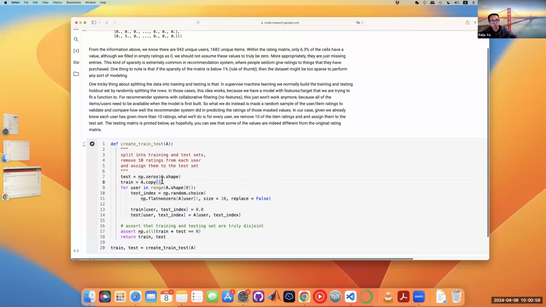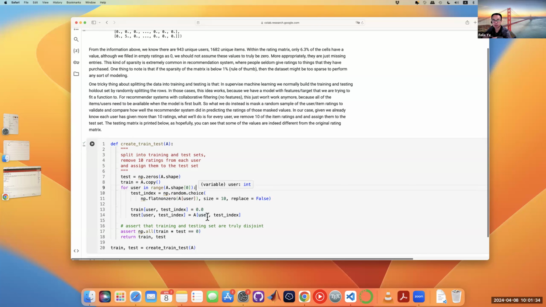So I'm going to copy testing and training here, but the difference is for each user, I'm going to randomly select 10 items that have been rated. Then I'm going to assign the training part to be 0 and the testing part to be that portion. So basically moving those ratings from training into testing, right?